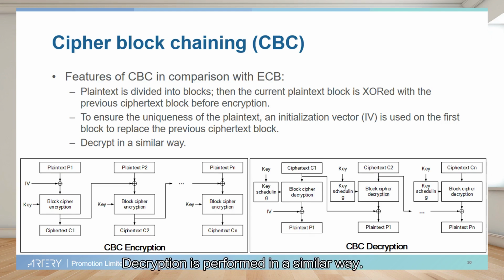Decryption is performed in a similar way. Compared with ECB mode, in CBC mode, the encryption of each plaintext block depends on the previous encryption, which means that CBC mode does not support parallel operation, but supports chaining encryption only. Therefore, the CBC mode is comparatively less efficient than ECB mode.